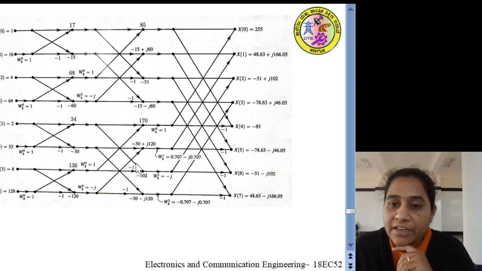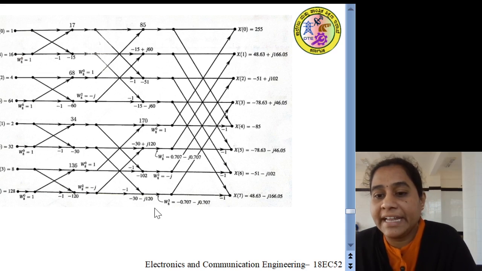After the second stage computation, we obtain the outputs as 85, minus 15 plus j60, minus 51, minus 15 minus j60, 170, minus 30 plus j120, minus 102, minus 30 minus j120.